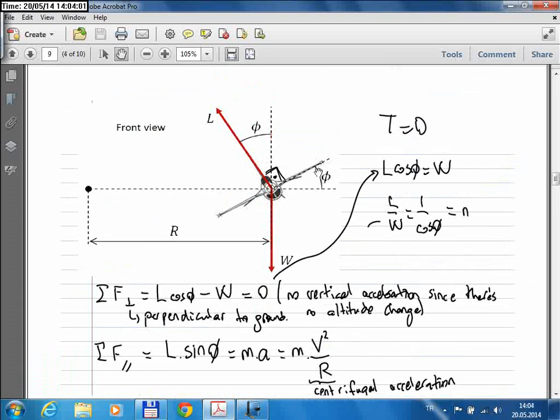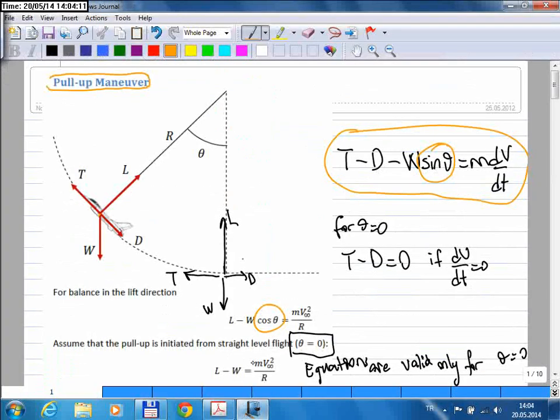It's a constant number during a maneuver. You start the maneuver and you can keep this number fixed. But in the case of a pull-up maneuver, it's not the case. You start the maneuver here, and then as the aircraft turns, the force relation changes.